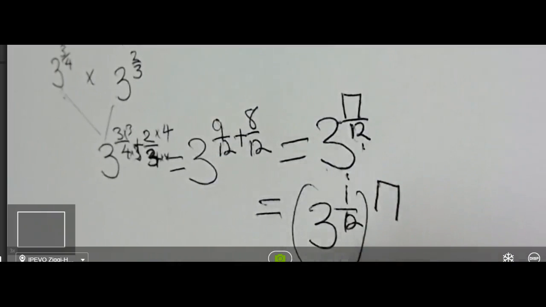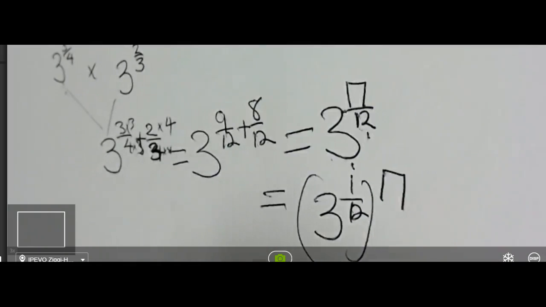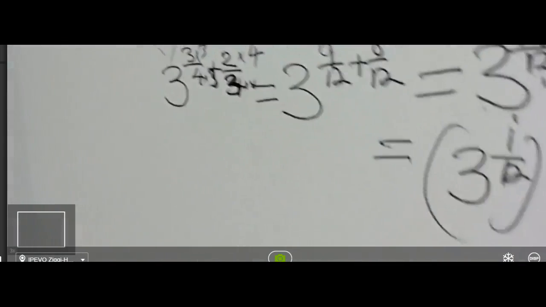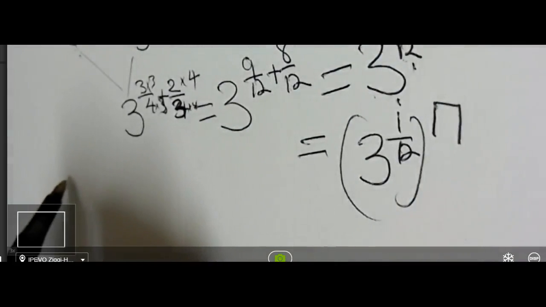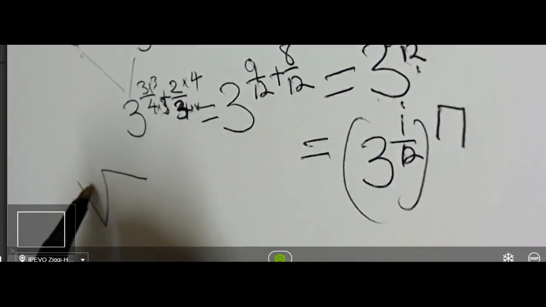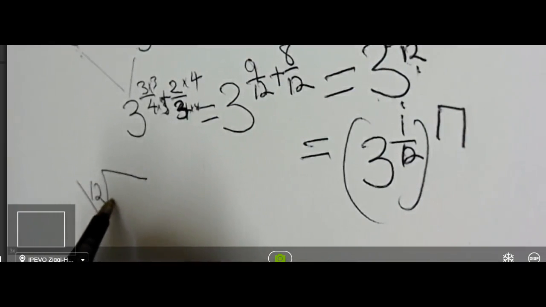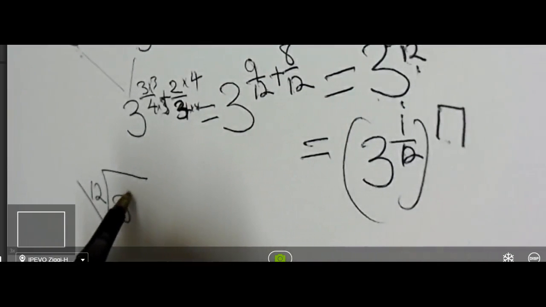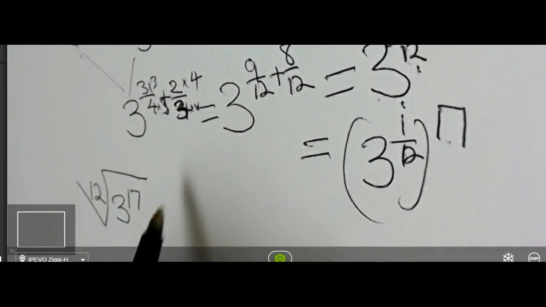Okay, so then let's write it out here. So it's the 12th root of 3 to the 17.